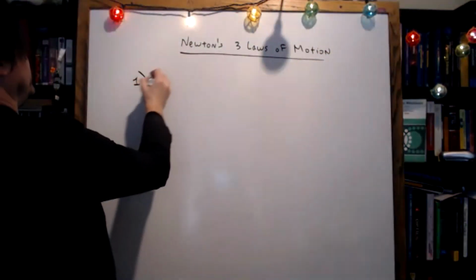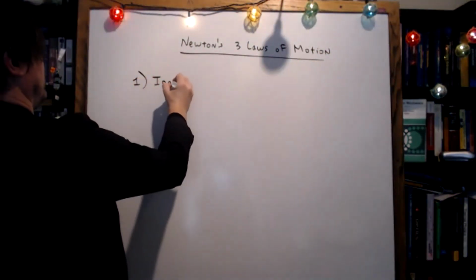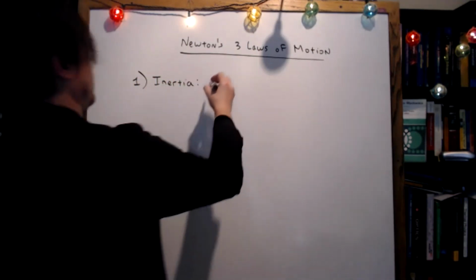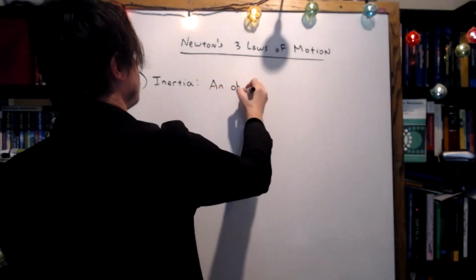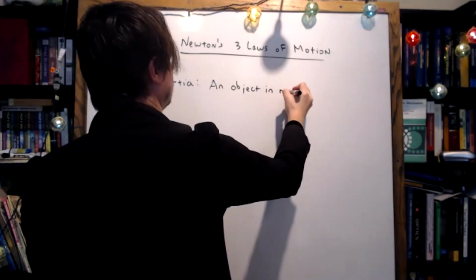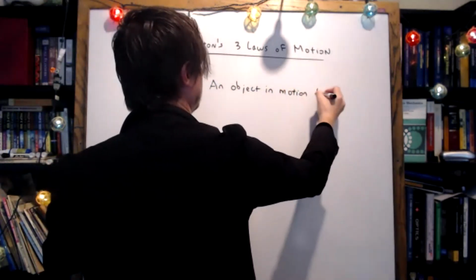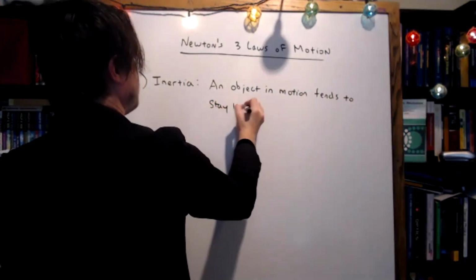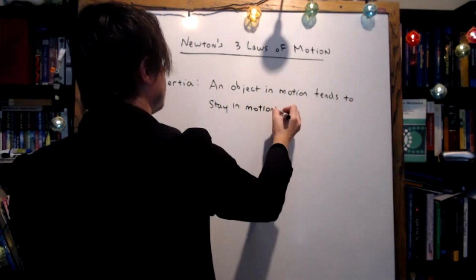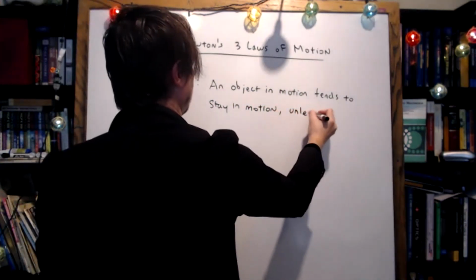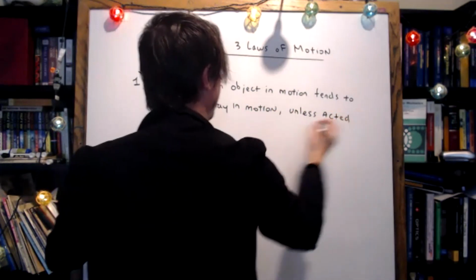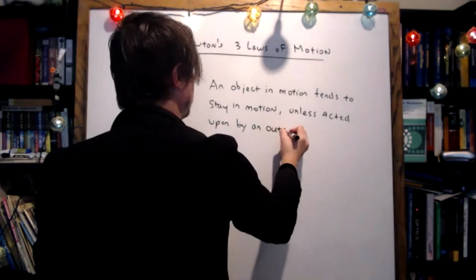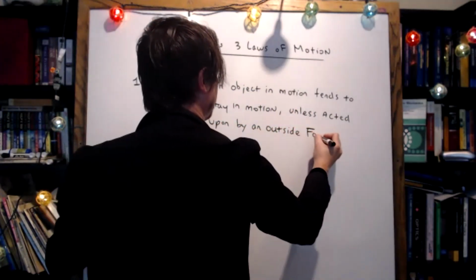The first law of motion is the law of inertia. And that law of motion says an object in motion tends to stay in motion unless acted upon by an outside force.